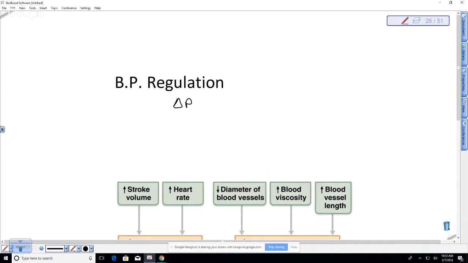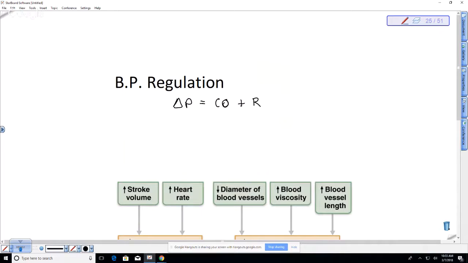Remember that in order for blood to flow, it has to go from a high pressure to a low pressure. If delta P goes to 0, then flow will stop. So remember that last equation we talked about. Delta P is equal to CO, which stands for what? Cardiac output, right? Plus resistance.